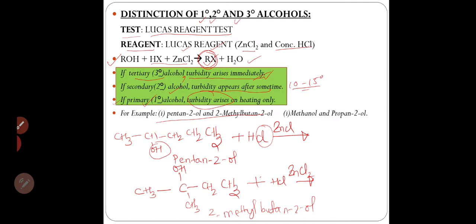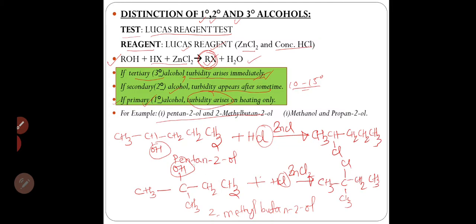So you will get CH3, CH, with Cl replacing OH and no change in the rest of the molecule, CH2, CH2, CH3. And in the second case, Cl replaces OH, so you get Cl here, CH3 here, then CH2, CH3.